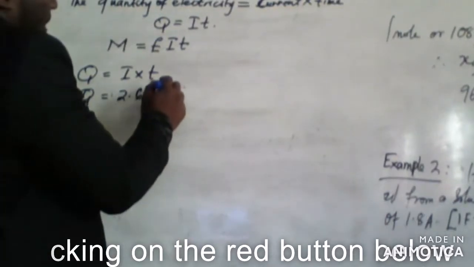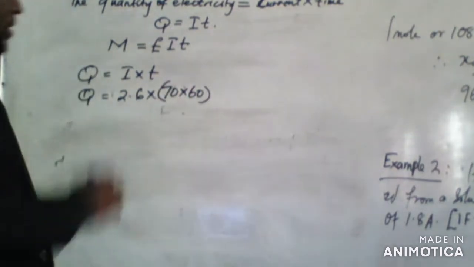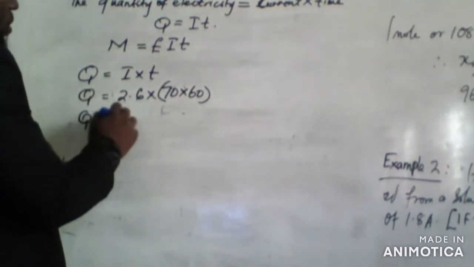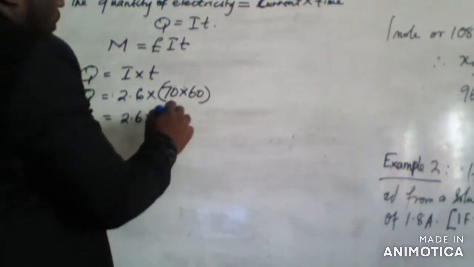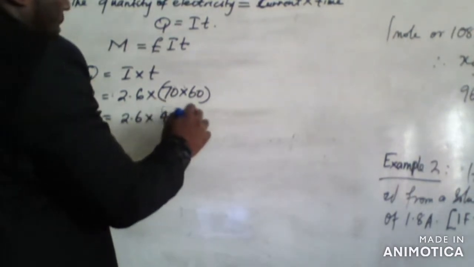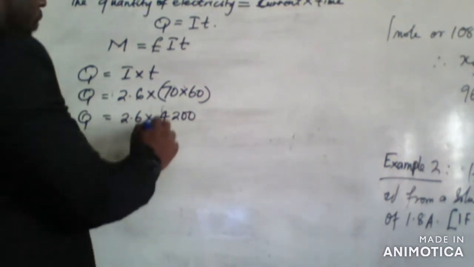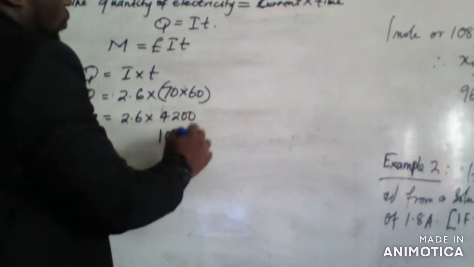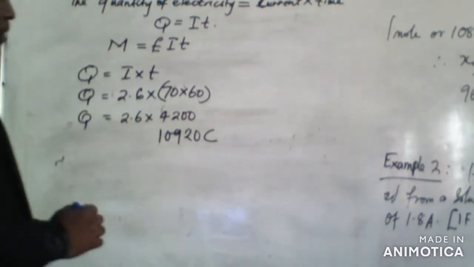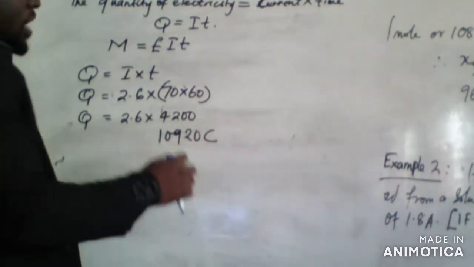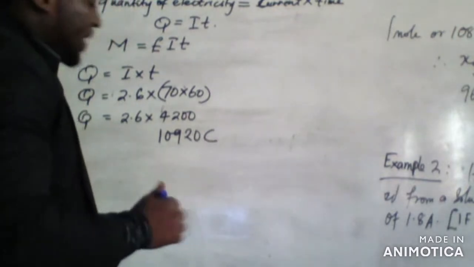So we say 70 minutes times 60, that will give it to us in seconds. Okay, so we have Q equals 2.6 times 4,200. So when you multiply 2.6 by 4,200, it will give you 10920 coulombs. So this is the quantity of electricity that was supplied through the solution of the silver salt.